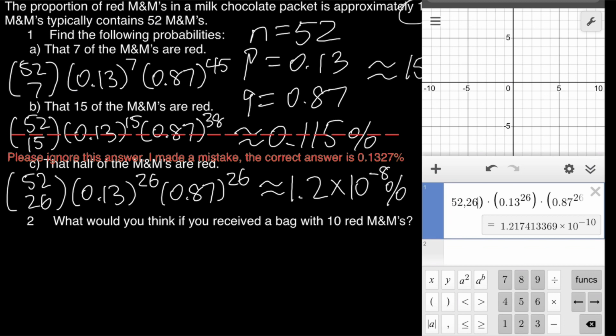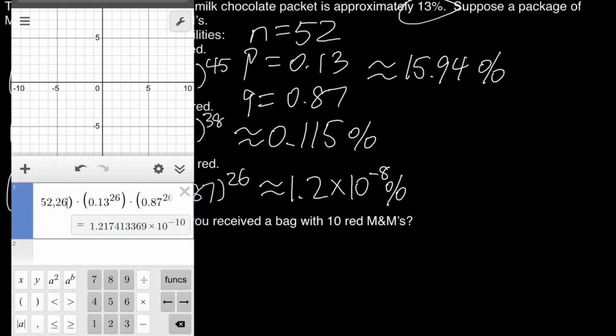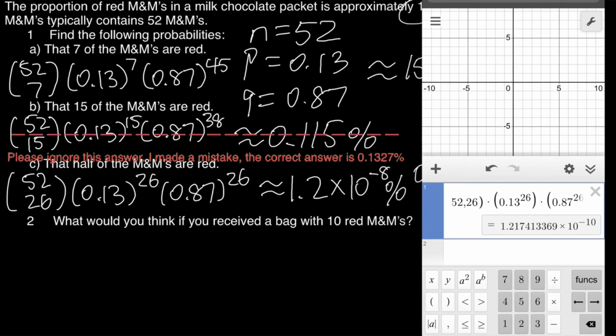If we convert that to a decimal, there will be 8 zeros followed by 1, 2. That will be your percentage for this. It is really, really small, which makes sense because the average number of red M&Ms per bag is 6.76, and we are finding the probability for half of them being red.